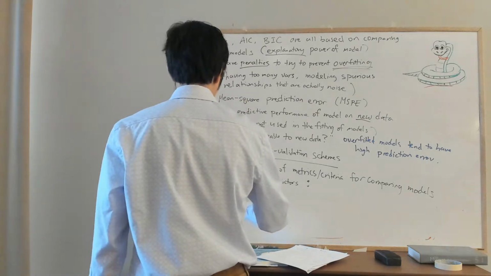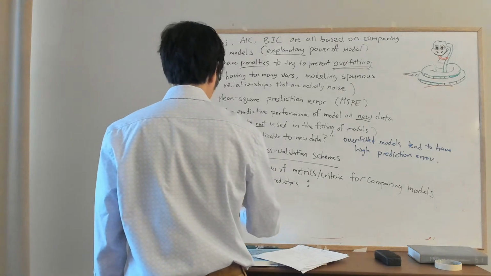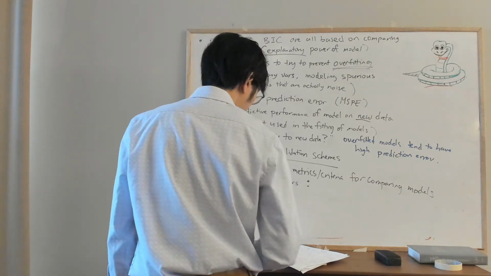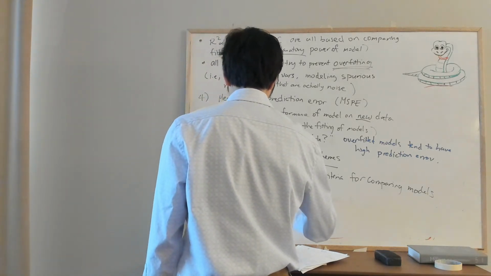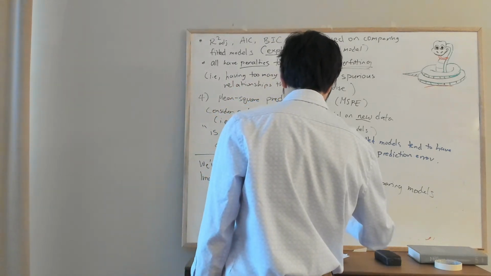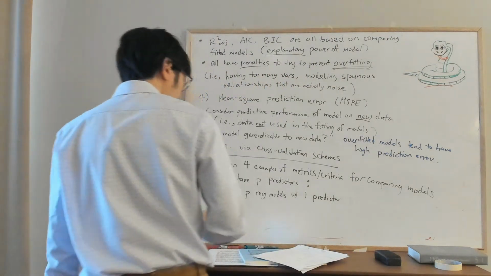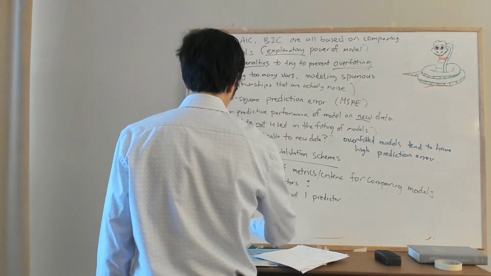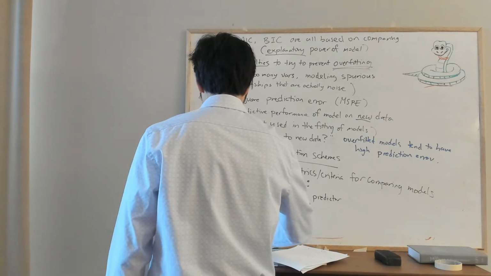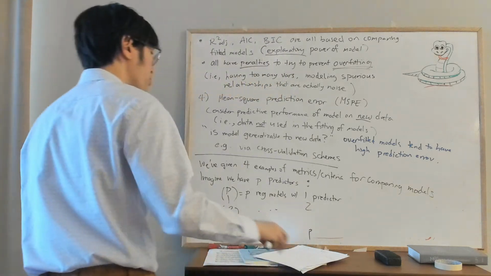How many regression models have one predictor? Well, if you choose one of them, you're going to have P choose one. So that's P regressions with one predictor. And you have P choose 2 for 2 predictors, all the way up to P choose P with P predictors.